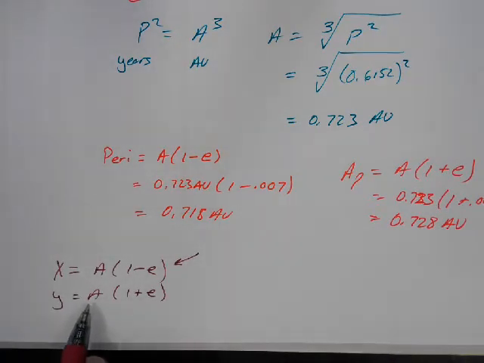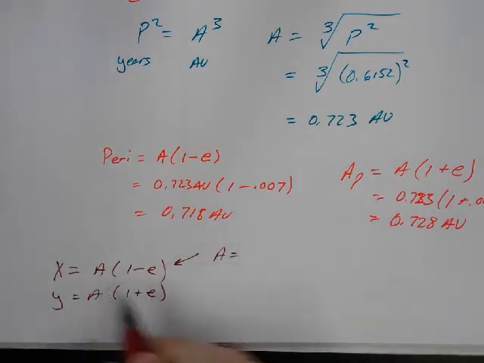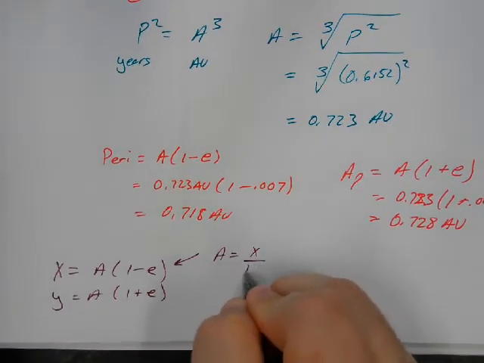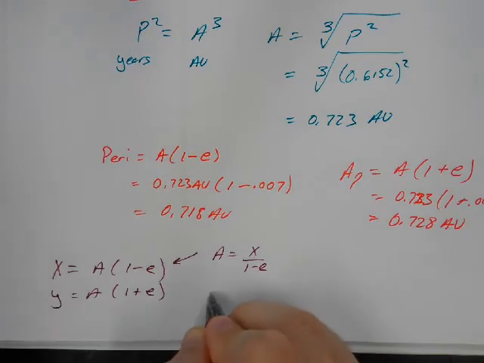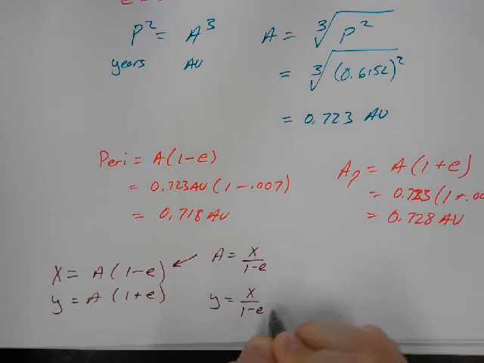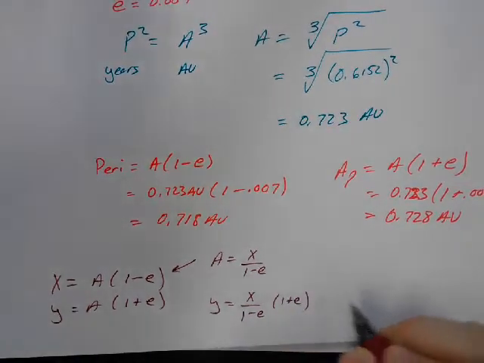And we would like to get rid of A here if we could. So maybe solve for A. A is your semi-major axis. And so it is X divided by 1 minus E. And so Y is X over 1 minus E times 1 plus E.